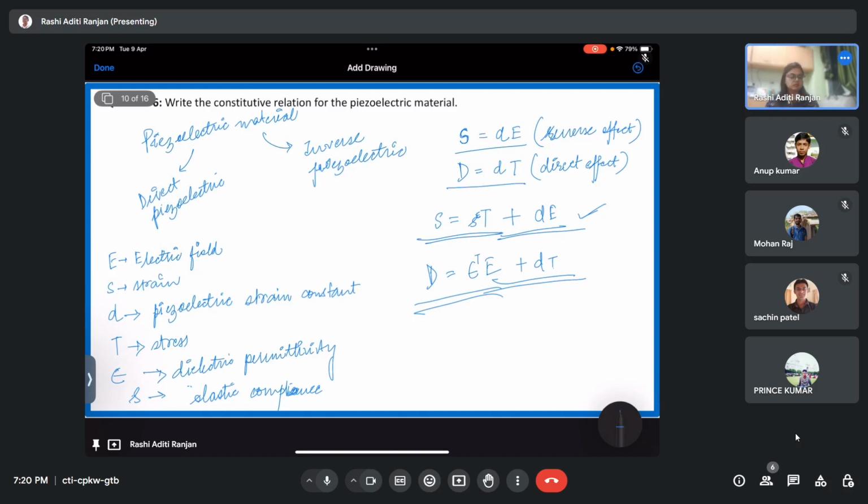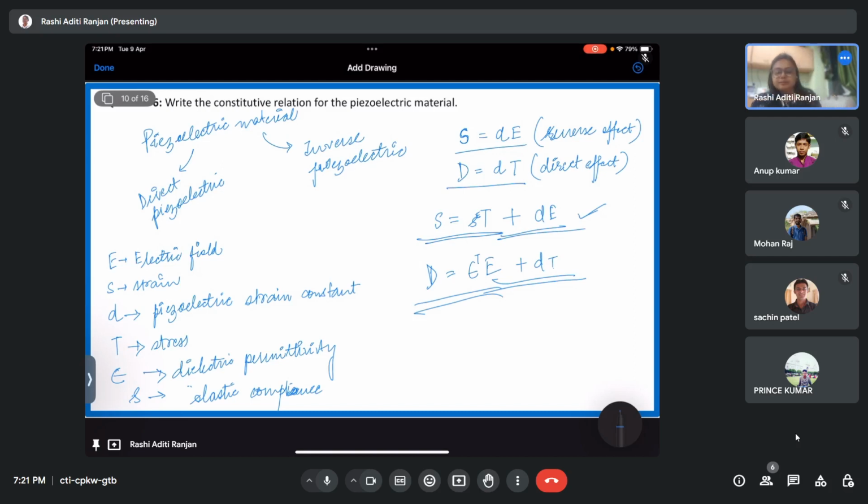Only this is the difference, which is true also, because if you study some research papers, you'll get to know that your permittivity depends on the amount of deformation of the system. You have deformation-dependent permittivity, so your permittivity is going to change with deformation. So you always measure it at constant stress. And likewise, your elastic compliance is going to change with the electric field, and that is why you measure it at a constant electric field.